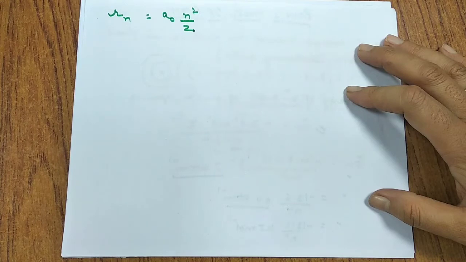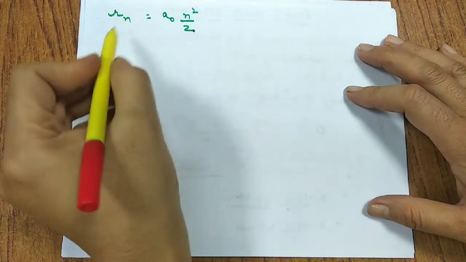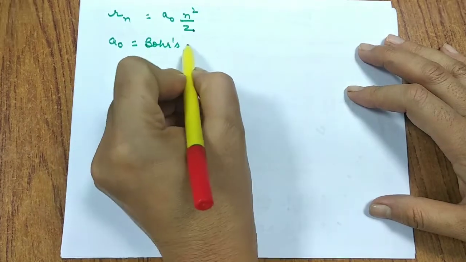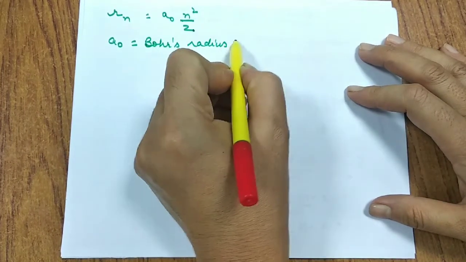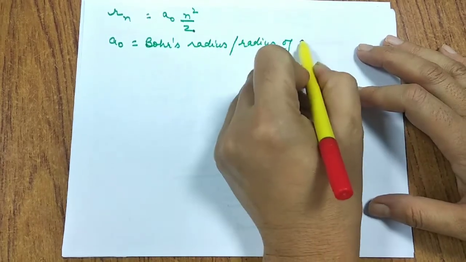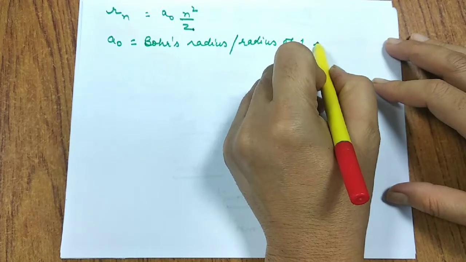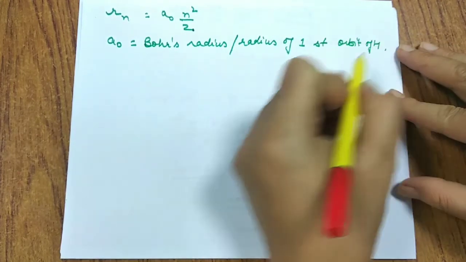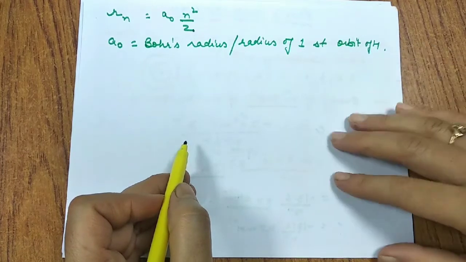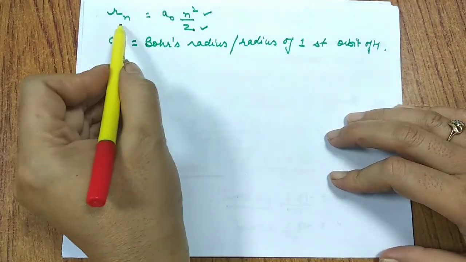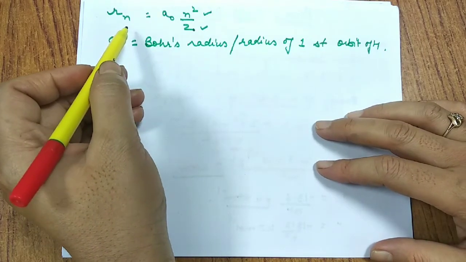We call it Bohr's radius a naught, or the radius of the first orbit of hydrogen. So n is the orbit number and z is the atomic number. We come to know about the radius.